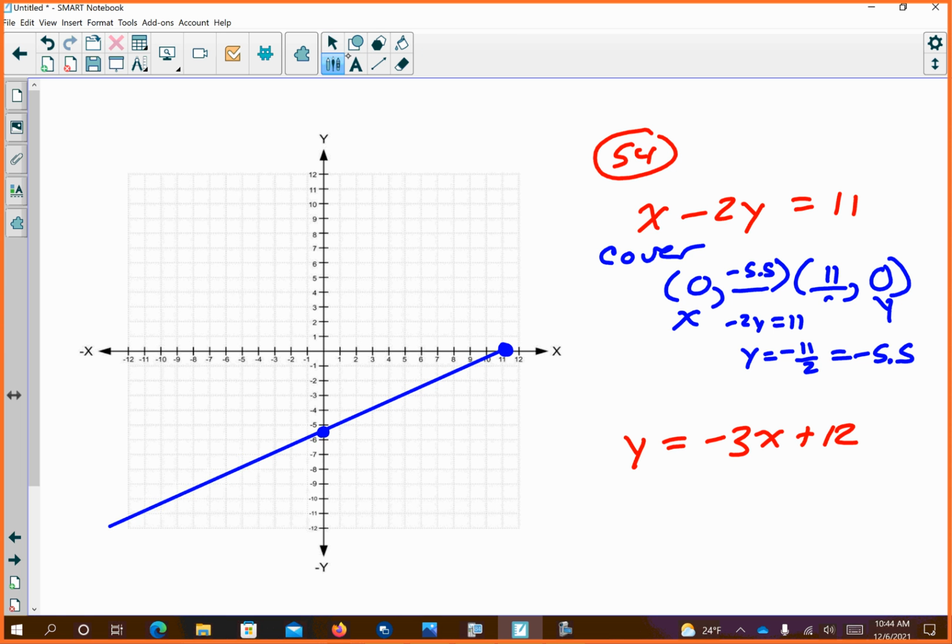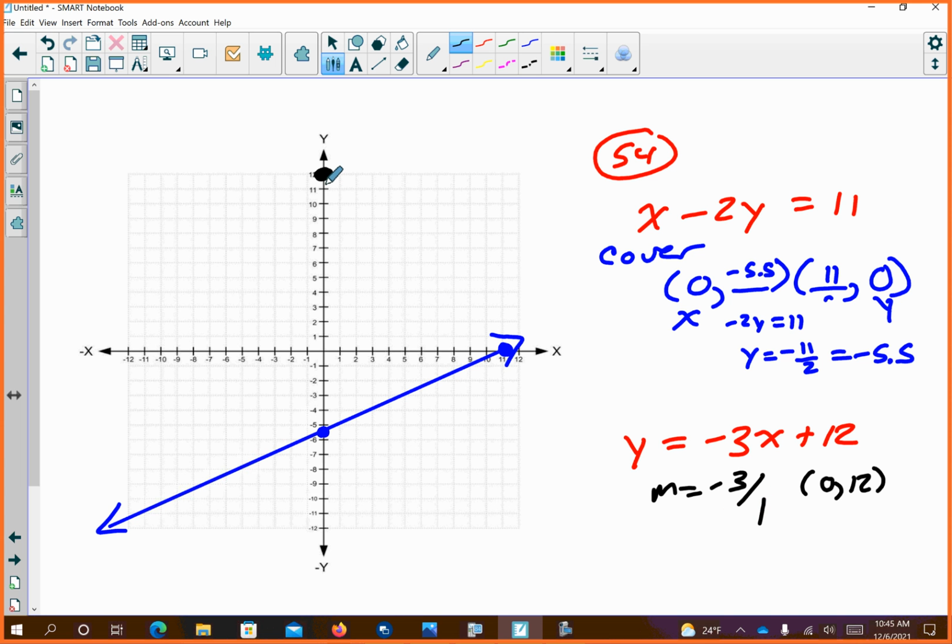That seems pretty good. Put an arrow on both sides because we know it goes forever. And then let's graph this one in black. So I have a y-intercept of 0, 12. So that's up there. And then I have a slope of negative 3 over 1. So from this, I'm going to go down 3, right 1.